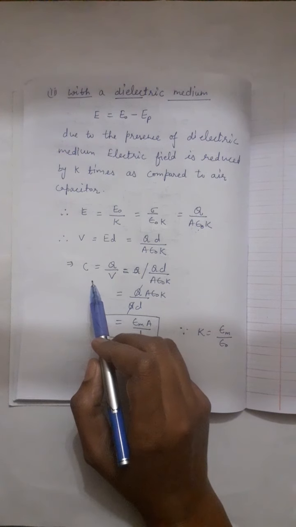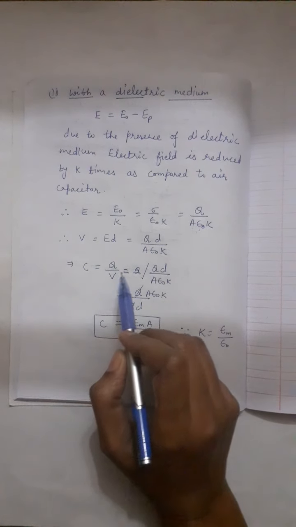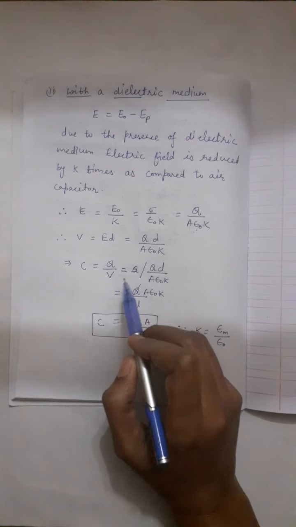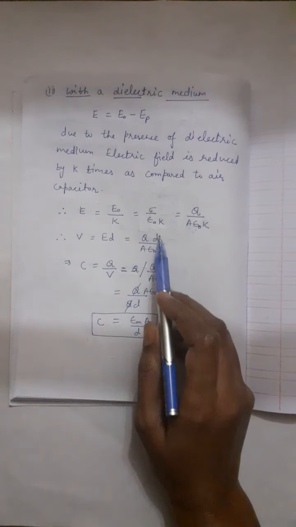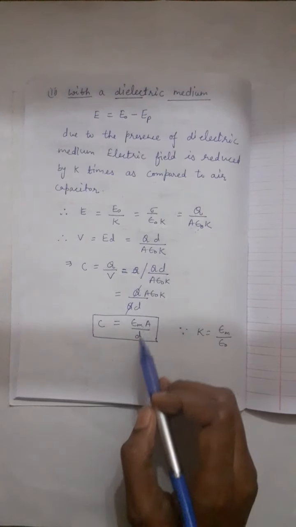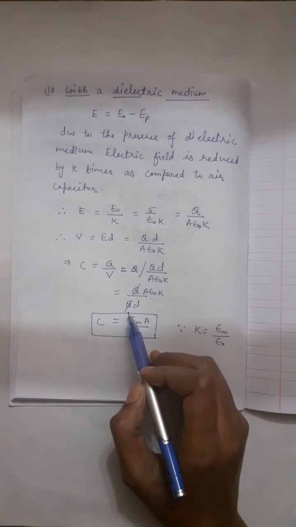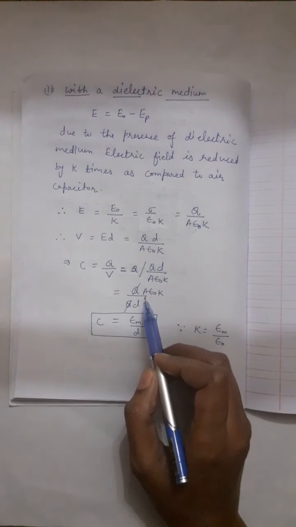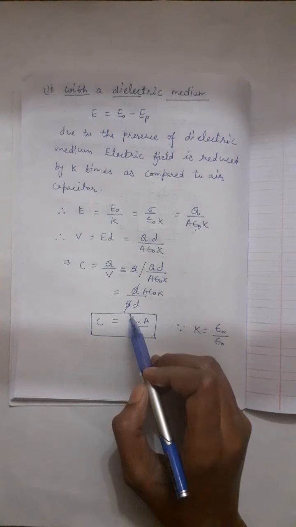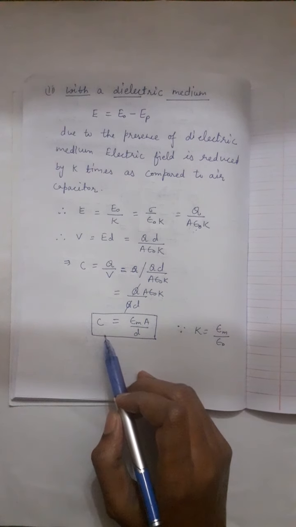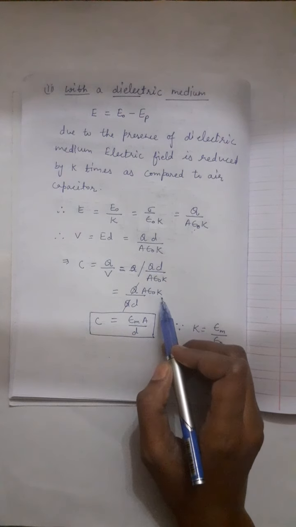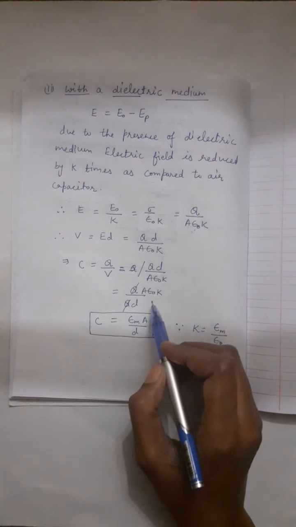Now we will calculate its capacitance. So by the formula C is equal to Q upon V. So Q divided by this whole value of the potential. So this Q will be divided by Qd upon A epsilon naught K. Q will be cancelled out and we will get C is equal to A epsilon naught K divided by d.